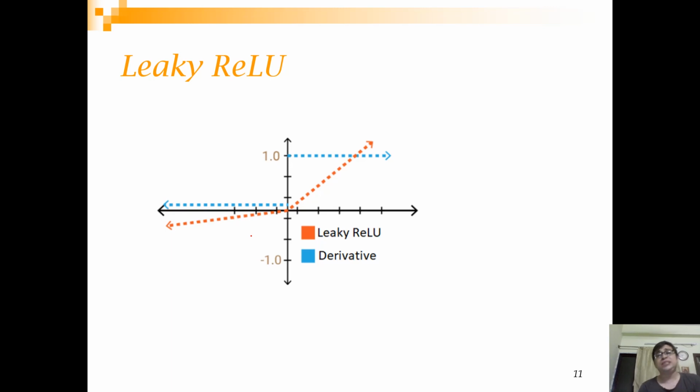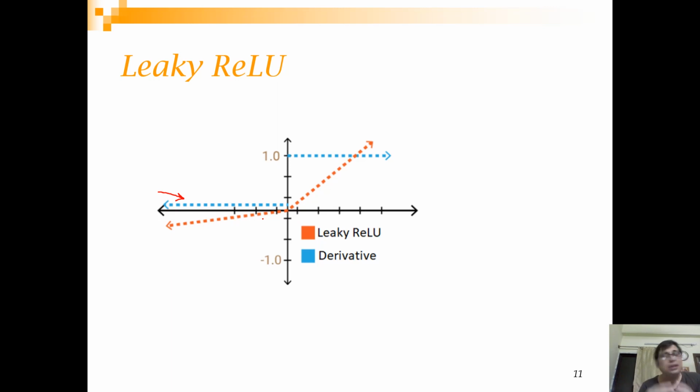To solve this dead neuron problem, we have something called leaky ReLU. What we do here is we don't make the function completely zero. Rather, we have a very small value here. Maybe here you have y equal to 0.01 x, resulting in a very small derivative.